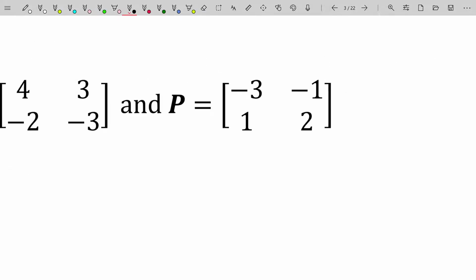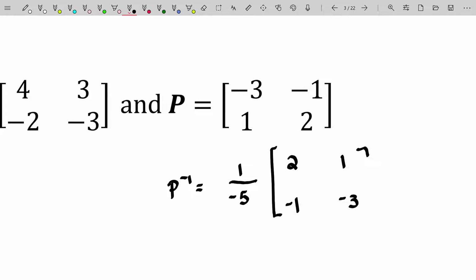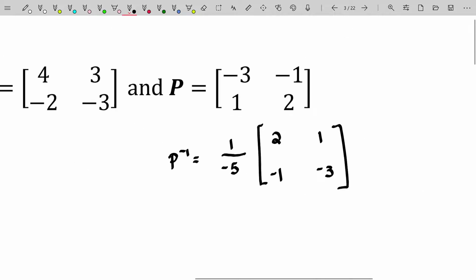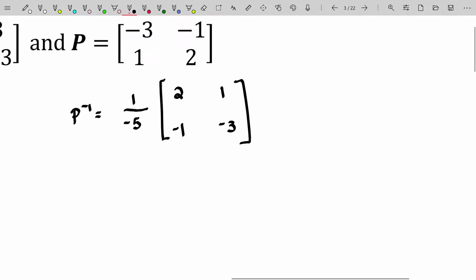Let's go ahead and find out what P inverse is. Luckily, we have a nice little 2x2 matrix here. So it's just 1 over the determinant of P, which is -6 minus a -1, so that'd be a -5, times the matrix where you swap these two entries and negate these two entries right here. That's exactly what I did down here with P inverse.